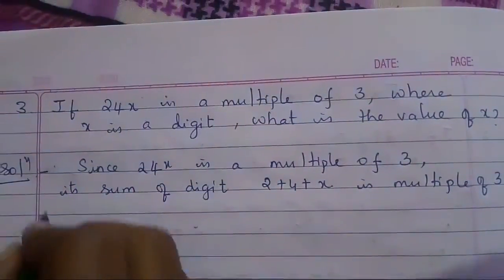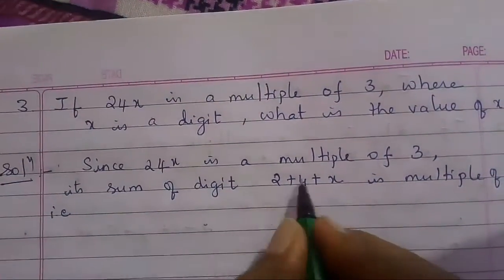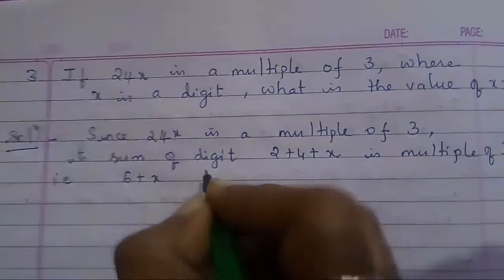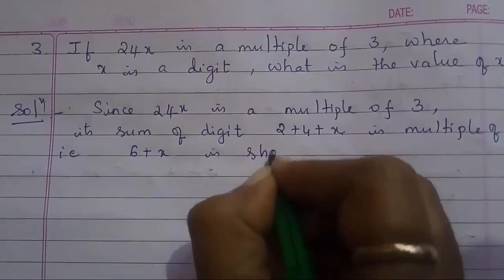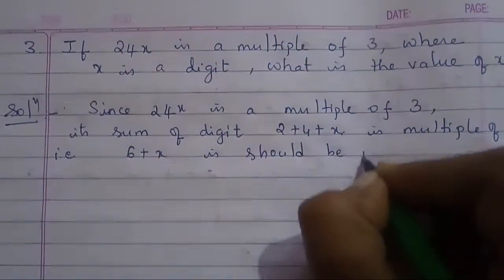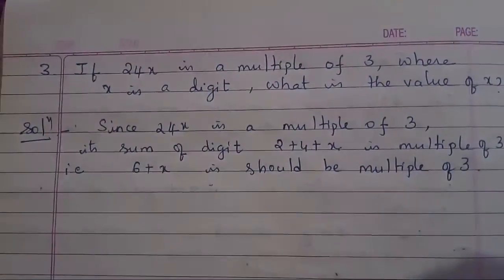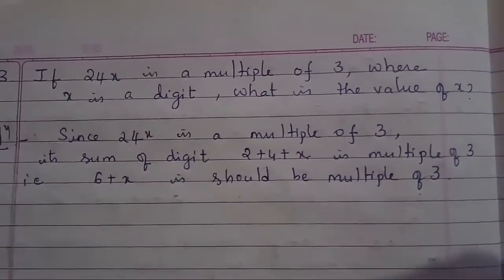That is, 4 plus 2 is 6, and 6 plus x should be a multiple of 3. Got it?